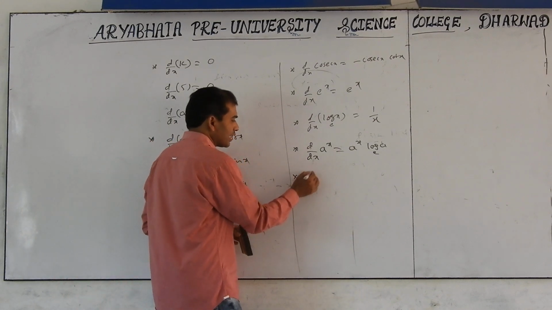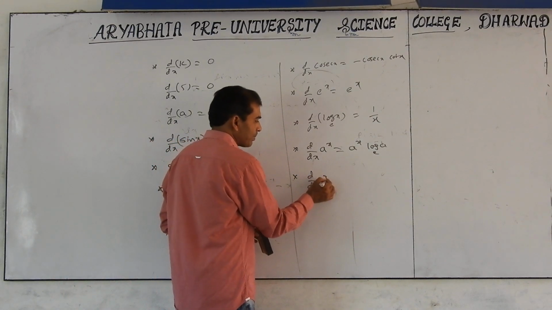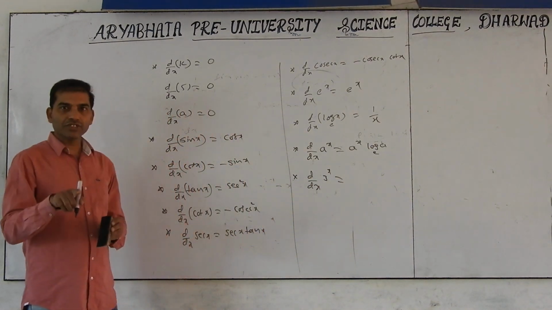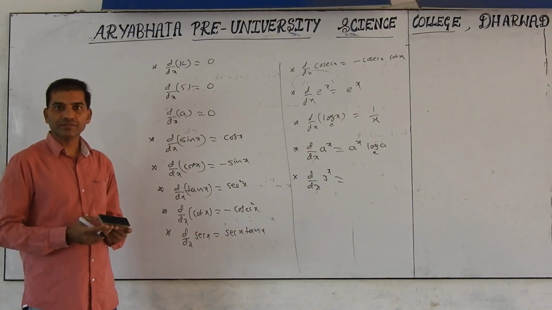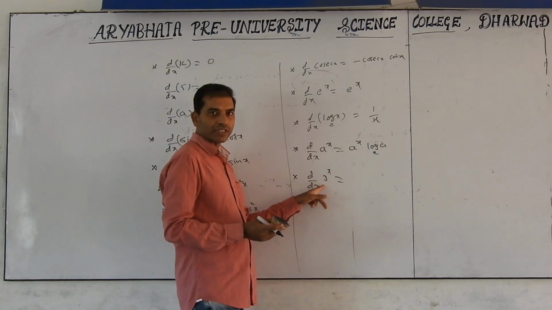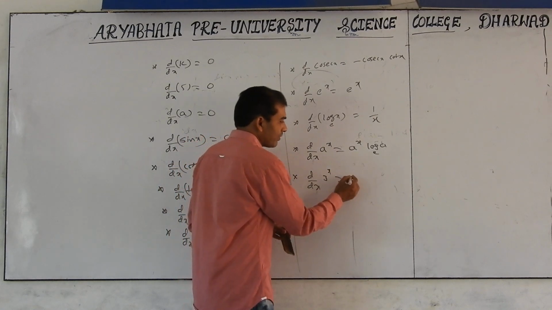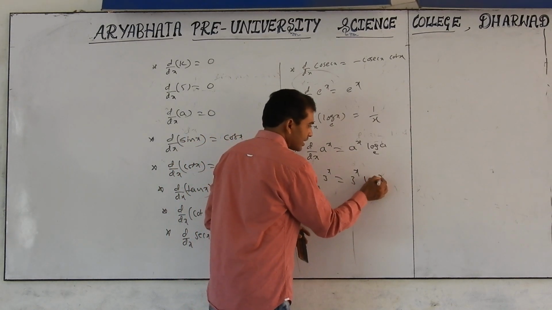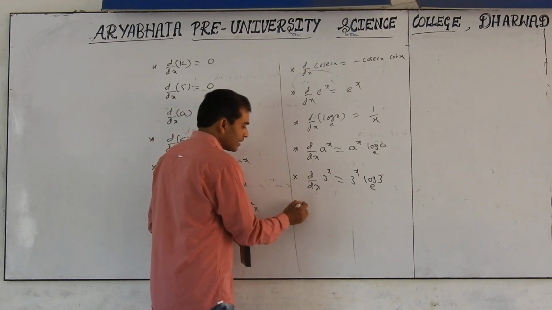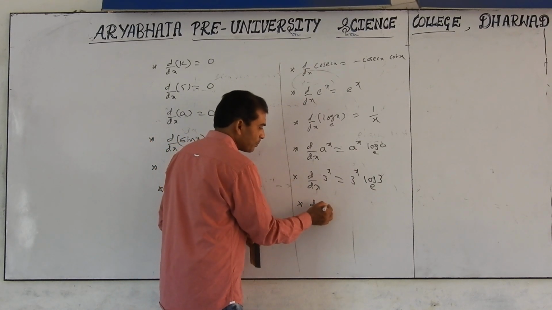Now d by dx of 3 power x, which is in the form of a raised to x, where a is equal to 3. So substitute here: 3 power x into log 3 base e. d by dx of 2 power x?